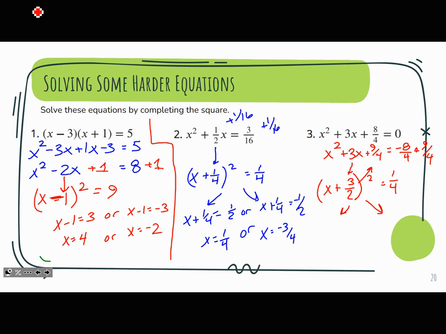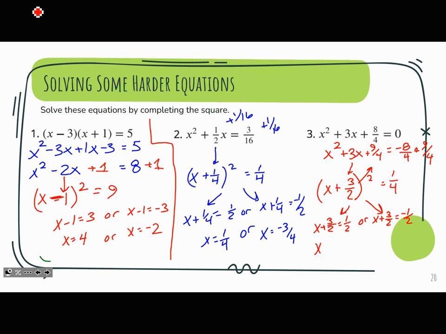It's going to be similar to last time, because the square root of 1/4 is 1/2. And so we get x plus 3 halves equals 1/2 or x plus 3/2 equals negative 1/2. Okay, we subtract 3/2 from this side. 1 minus 3 is negative 2.